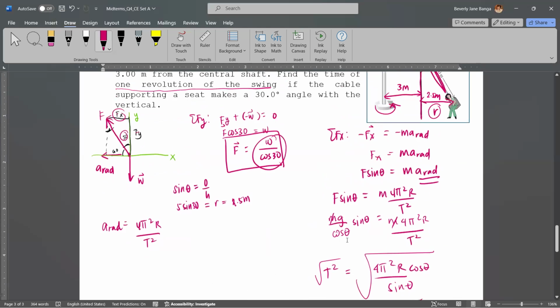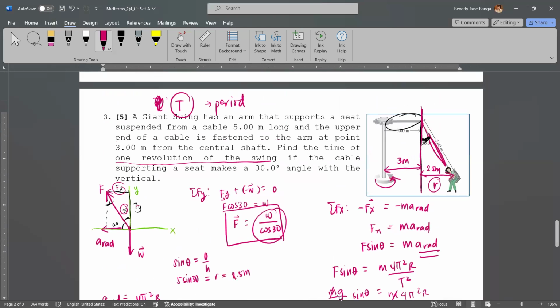So now, what radius will we use? Is it going to be the 3 meters or the 2.5 meters? You need to take note that in choosing the radius, this part doesn't just rotate around here. It's not only about this axis.